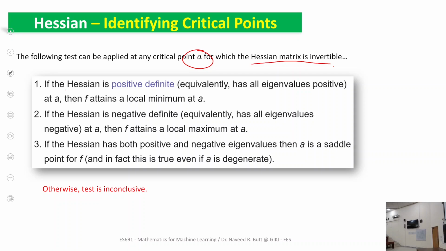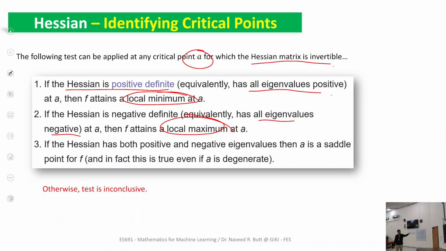If the Hessian is positive definite, which means all eigenvalues are positive, remember we covered eigenvalues last time, then we are talking about a local minimum. If the Hessian is negative definite, all eigenvalues are negative, then it's a local maximum. If the Hessian has both positive and negative eigenvalues, a mix of eigenvalues, you see how useful eigenvalues are, then it's a saddle point. Otherwise, the test is inconclusive.